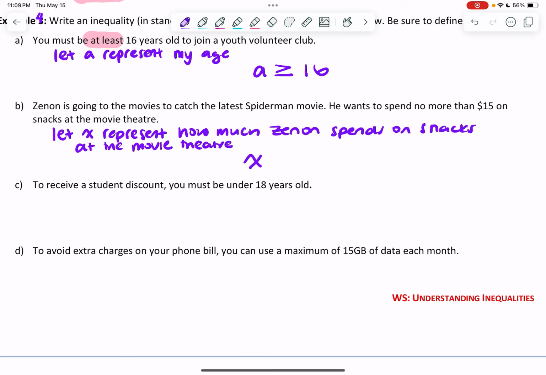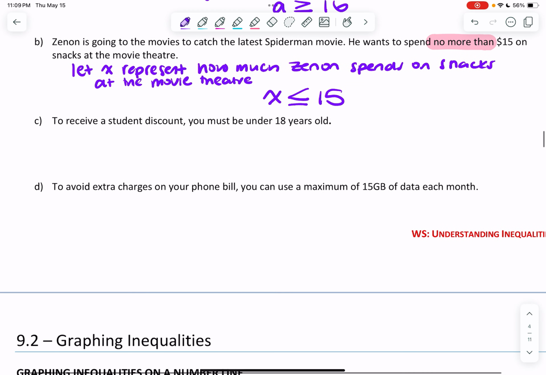And I know that I have X representing how much he's actually spending. And he says no more than 15, which means I can be less than, and I could be equal to 15.